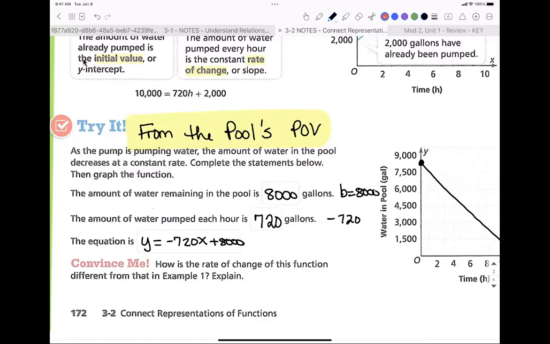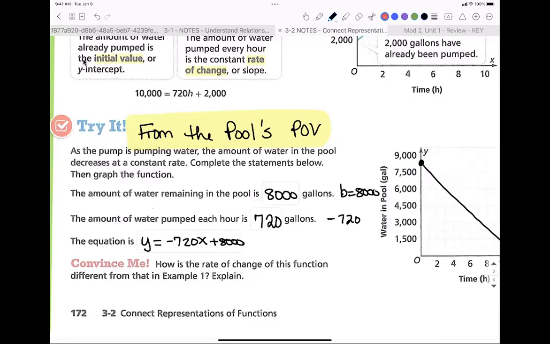Make sense? So when you're writing an equation from a story problem, you have to ask yourself, what vantage point are you looking at? Are you losing something every minute, every hour, every day, every week? Are you gaining something every minute, every hour, every week, whatever the time is?